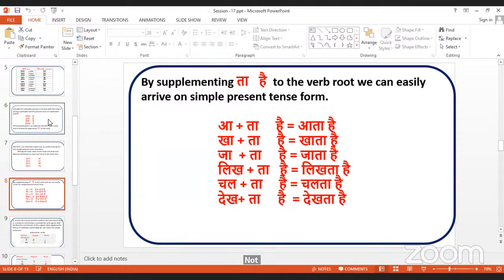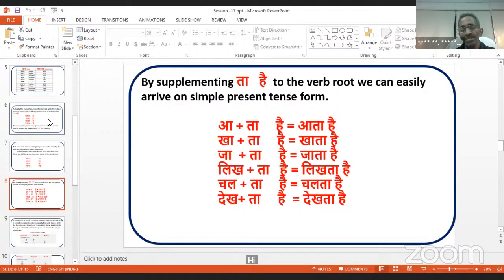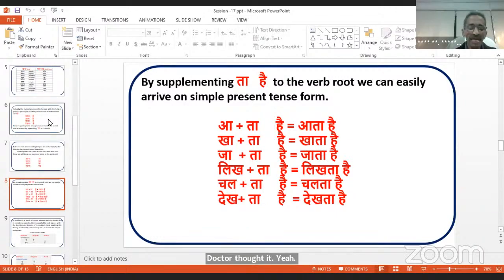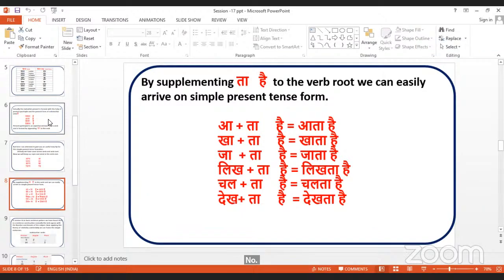That is a simple present tense form. Kha plus ta hai, खाता है. It's very easy, nothing to worry about. Once you get the formation, you can easily frame sentences. Ja plus ta hai, जाता है. Likh plus ta hai, लिखता है. Chal plus ta hai, चलता है. Dekh plus ta hai, देखता है.